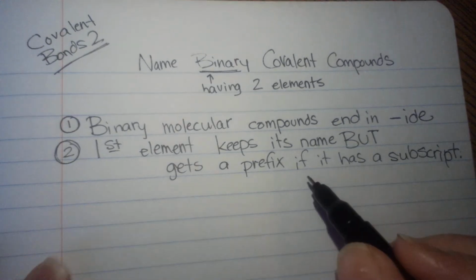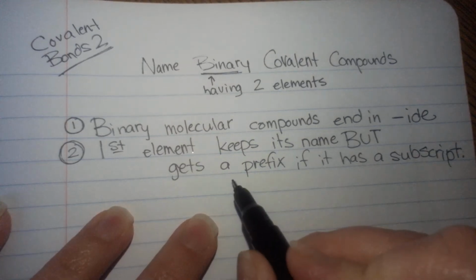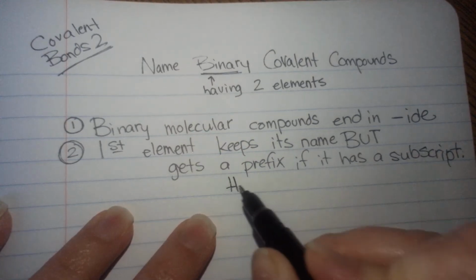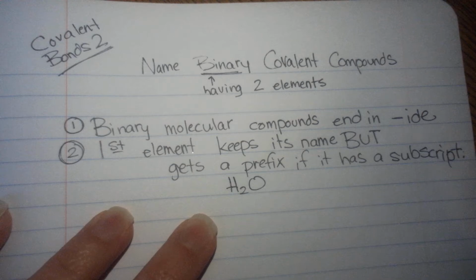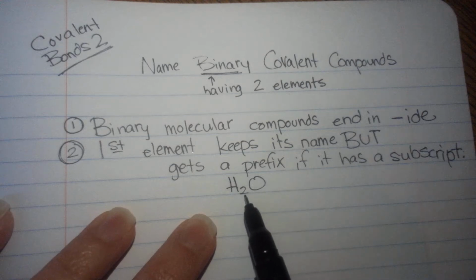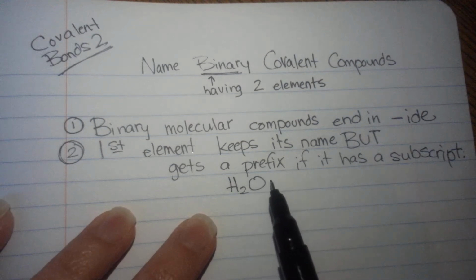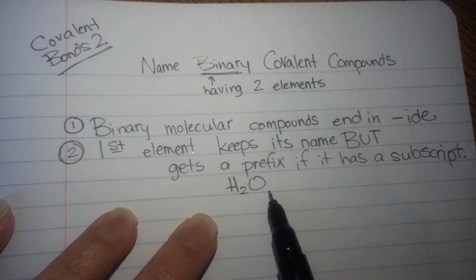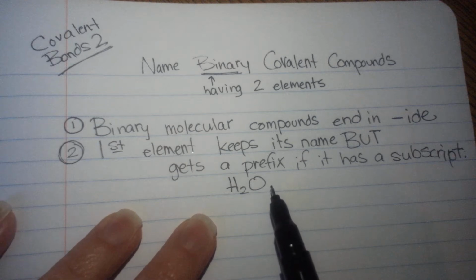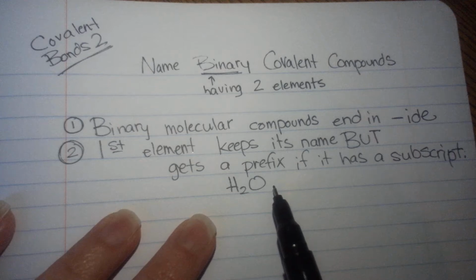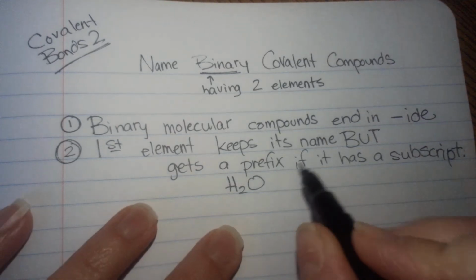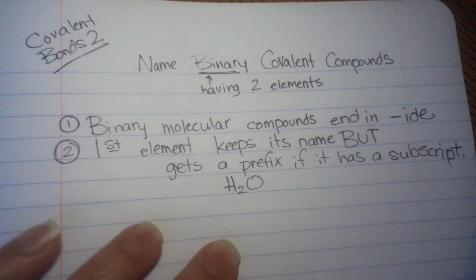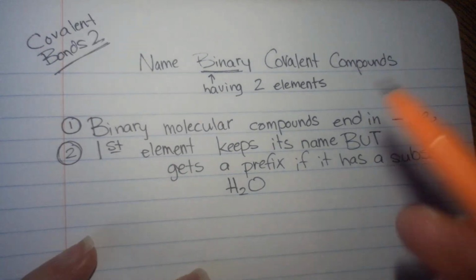Well, let's look at an example because we're not getting any answers. So if I have, let's just use one that we know very well, there's a subscript on the first element, but the second element has no subscript. So if there's no subscript there, how many atoms are in that compound? Show me on your fingers. You don't want to say it out loud. Just one, right? So let's go ahead and make a note of that because some of us were not answering on that one.